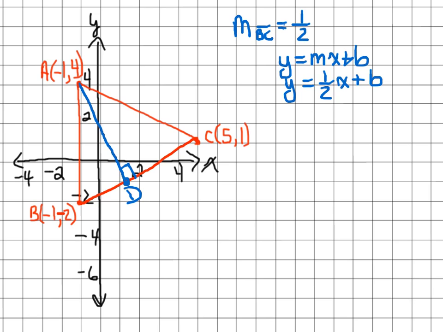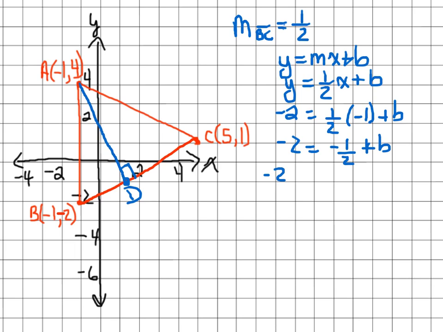So I have -2 equals 1/2 times -1 plus b. So I have -2 equals -1/2 plus b. In order to isolate for b, I will need to add 1/2 to both sides.